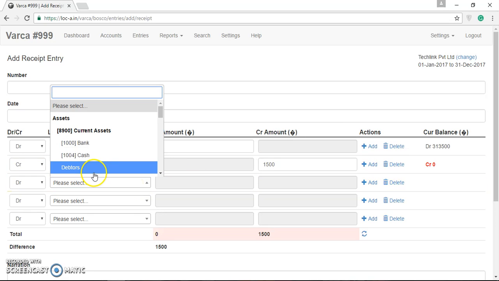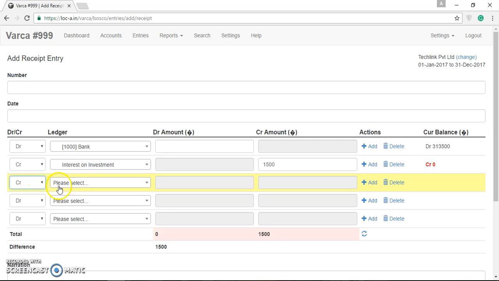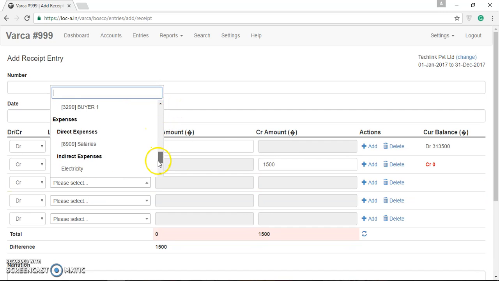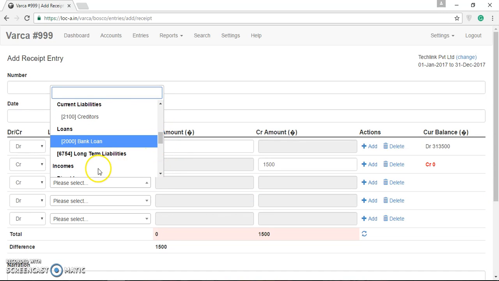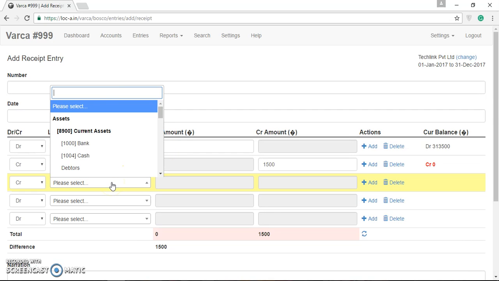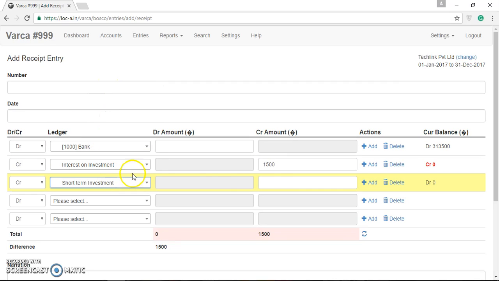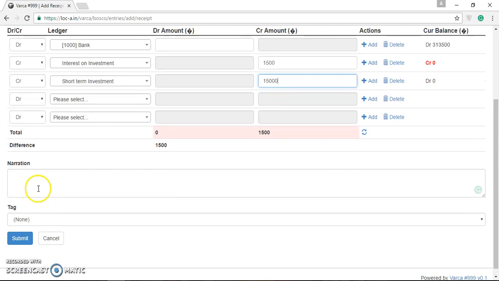And we have made a short-term investment. We have option of selecting, submit.